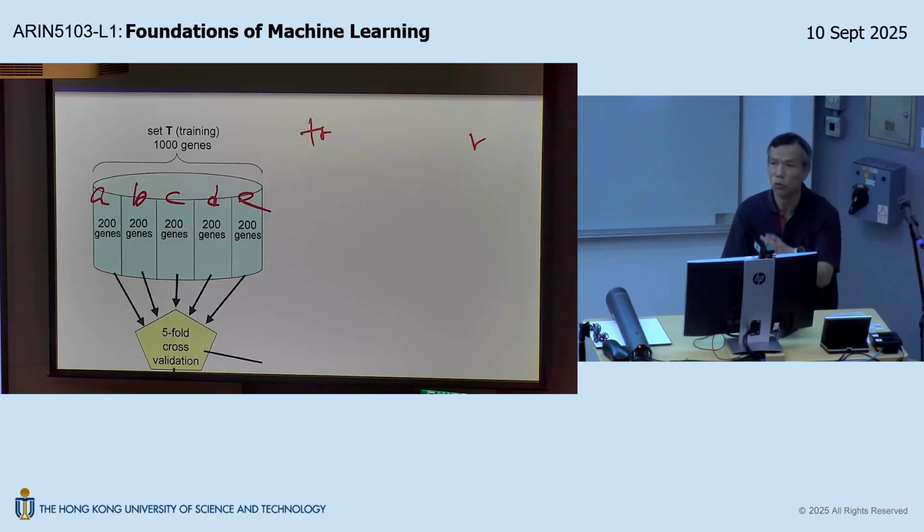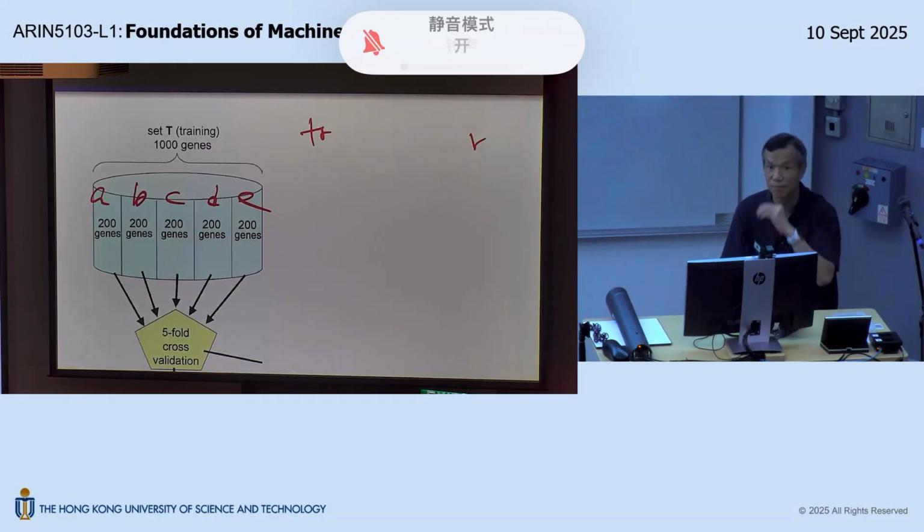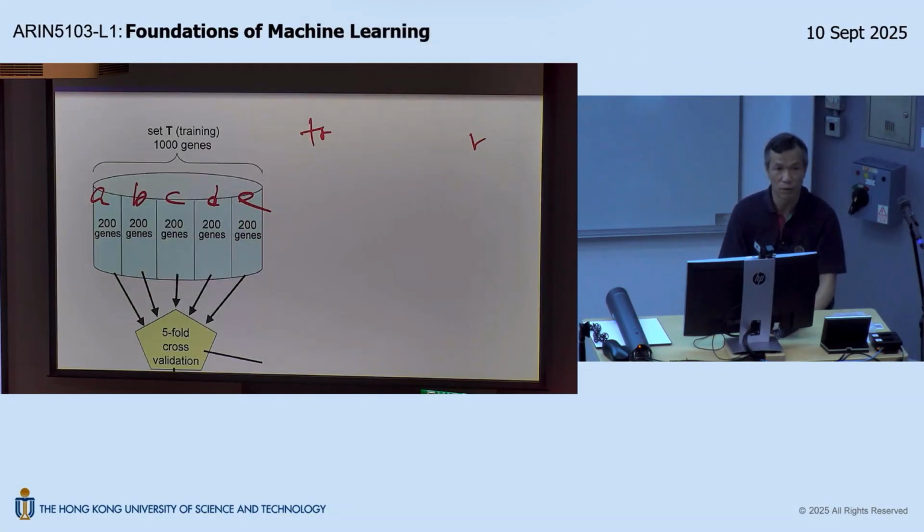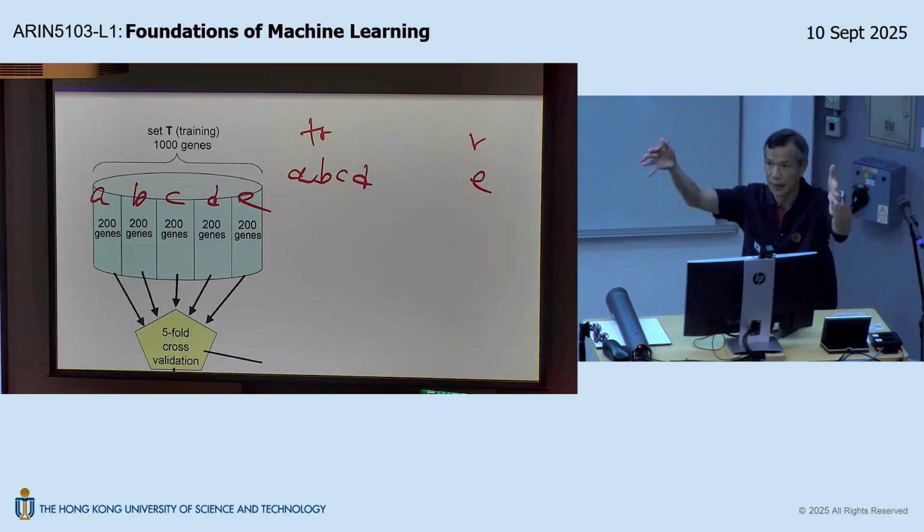So for those who know cross-validation, what can I do? First, I can train on A, B, C, D, train a model, and then evaluate on the remaining part. So this is using this for training, using that for validation.